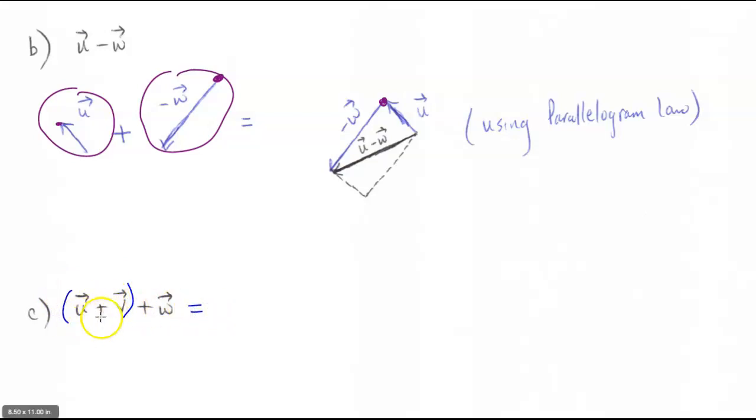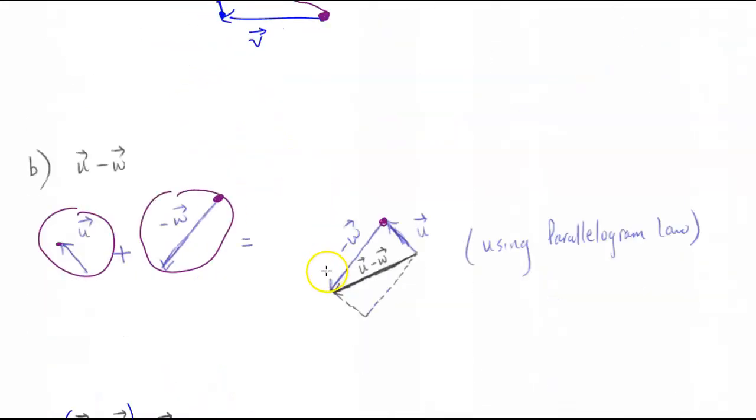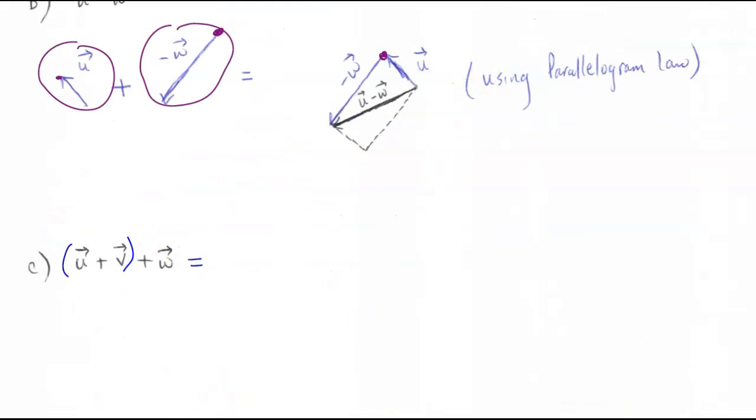So we could look at it this way, okay? So again, we know that the result of vector u plus vector v is going to look something like this. So I'm going to draw that. So it roughly looks something like this. This will be vector u plus vector v.